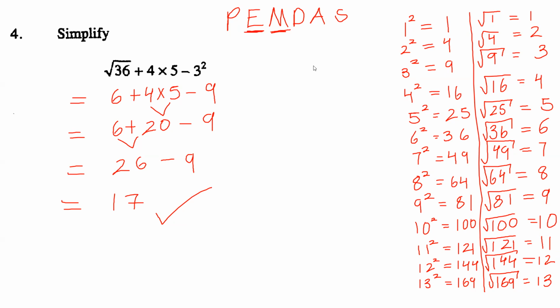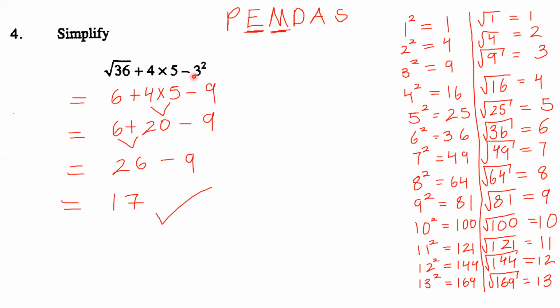Okay, do you understand how we got 17? Yes, sir. Good. Bethany, can you explain how we got 17? Start by doing the square number, which is 36, and it equals 6.